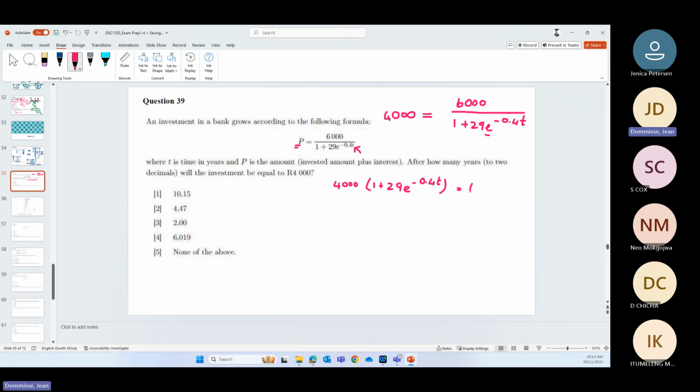That will be equal to 6,000. Then the next step, because we need to isolate that T, is to get rid of the 4,000. So we will need to divide the 4,000 on both sides.